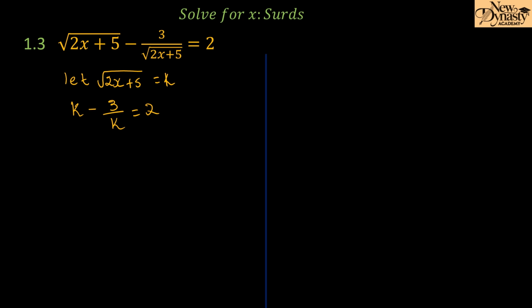For the first one, K multiplied by K, that is going to be K squared. For the second one, when you multiply by K, the K's are going to cancel out, then you're going to be left with 3. And you also multiply the 2 with K, then you're going to get 2K. Learners tend to forget that they have to multiply each term by K. So please multiply each term by K. Therefore, from here, let us make sure that we write this.